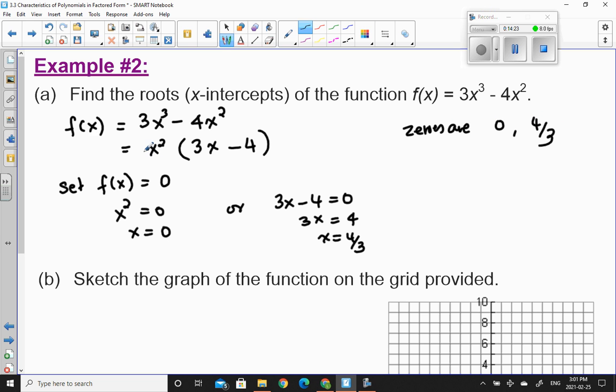Where the zero is 0, it's x squared, so the order is 2, which gives a parabolic behavior at x equals 0.